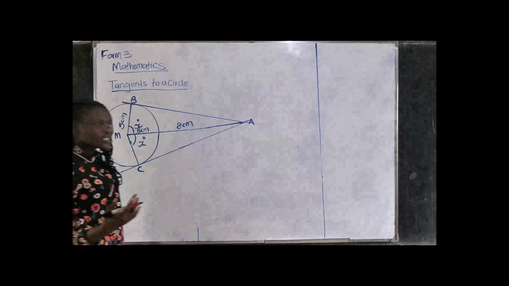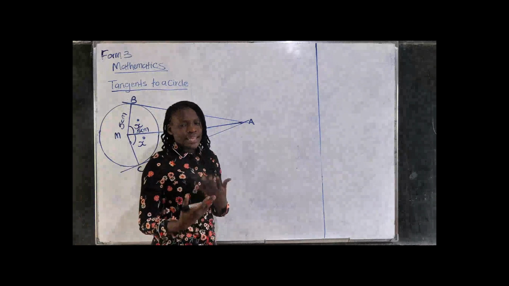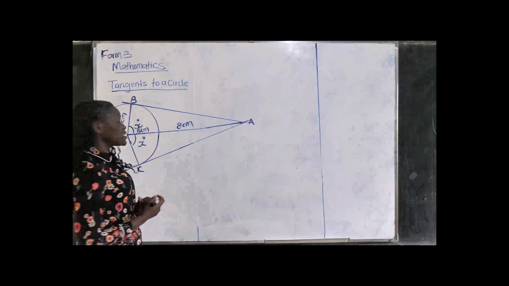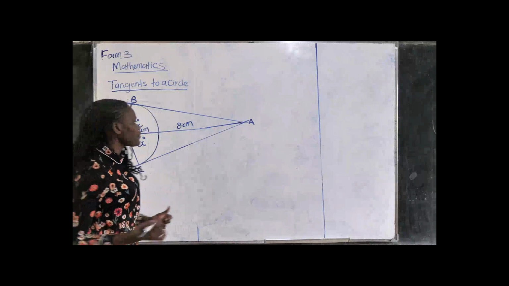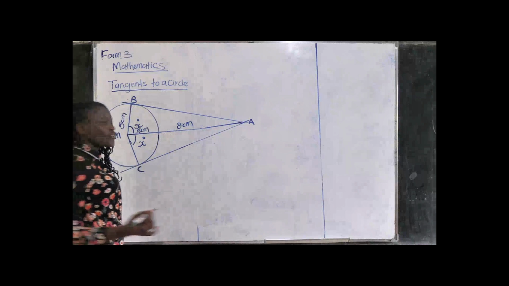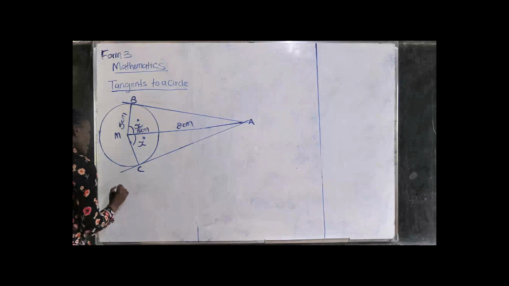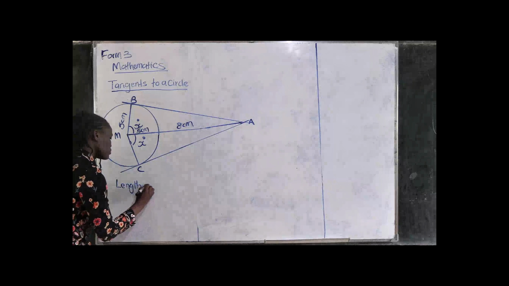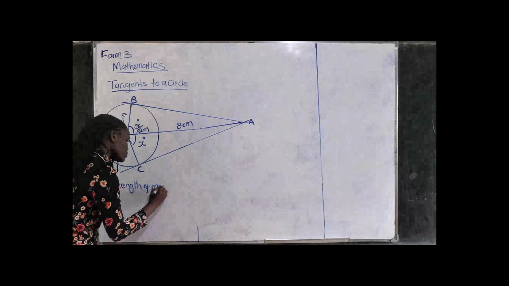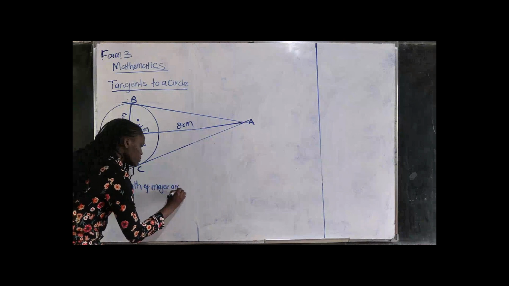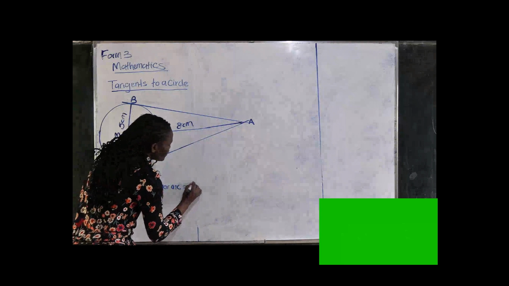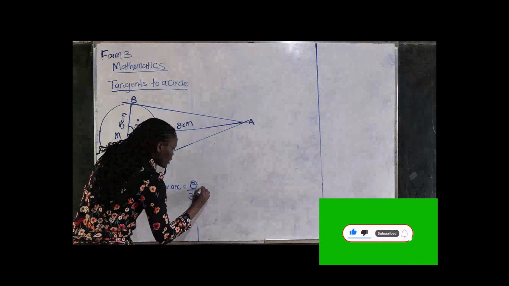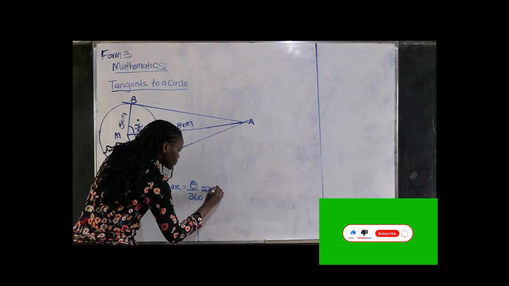When we did chords, I think we know how to calculate the length of the major arc. But before we calculate it, we know that the formula for the length of the major arc is: length of the major arc is equal to beta over 360 times 2 pi r.